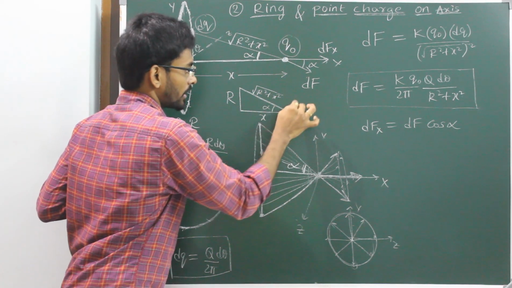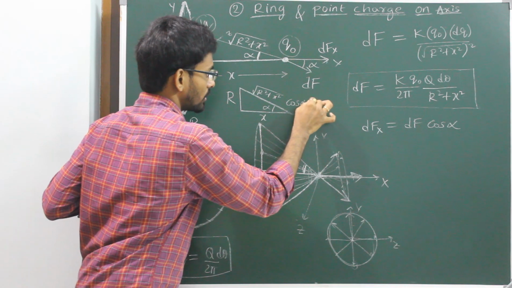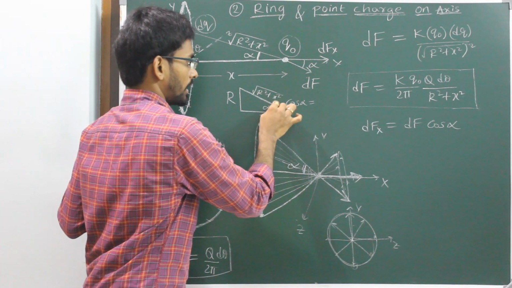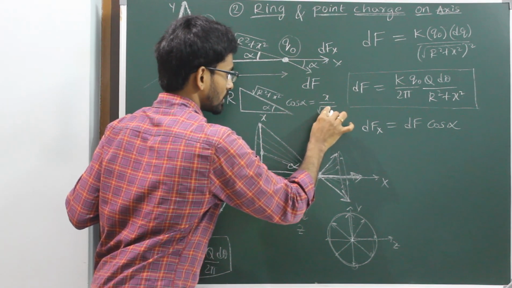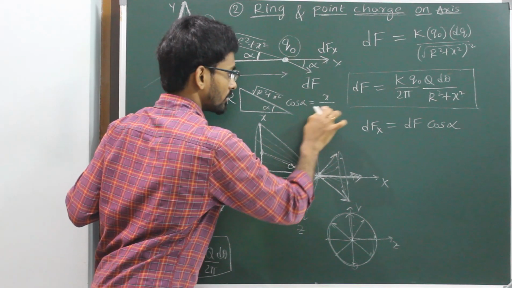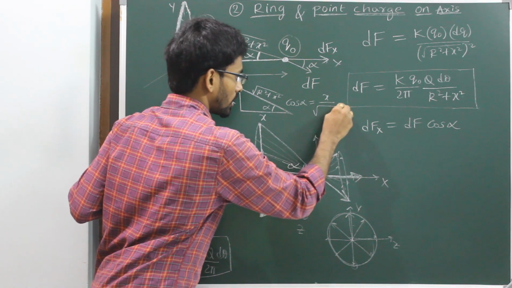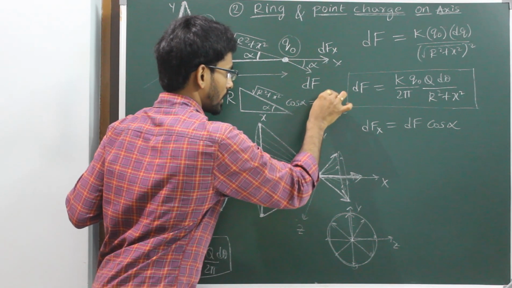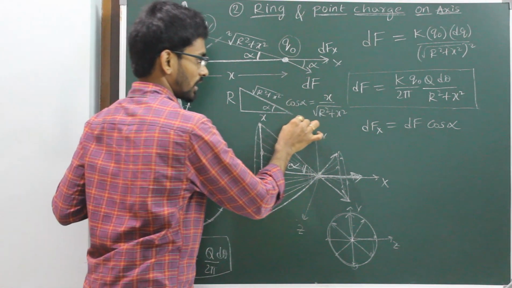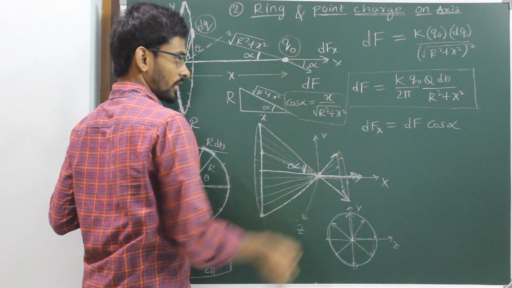Now this is alpha. From this, cos alpha will be equal to the adjacent side x by under root of r square plus x square. So let us substitute this there.